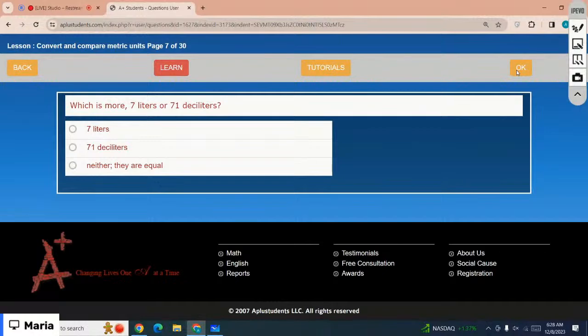So the correct option is 71 deciliters is more than 7 liters.